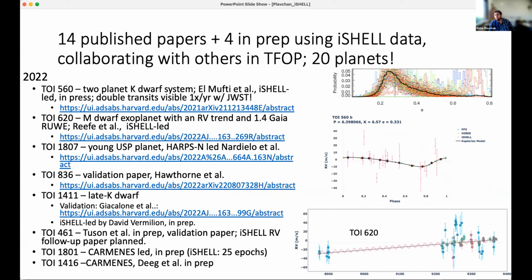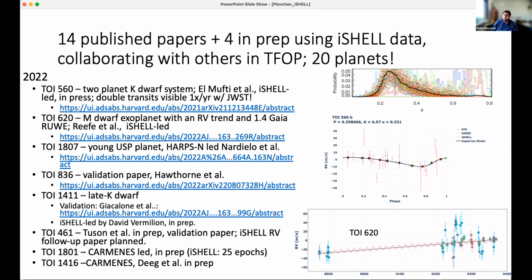More recently, we led a paper, also in parallel to the Barragán paper, on TOI 560, which is a roughly giga-year-old K-dwarf system with 2 planets. And fun fact, it's a great target for JWST. Turns out when we're looking with iShell at K-band, all the way out to 2 microns, well, that brightness at near-infrared wavelengths is also important for atmospheric characterization.